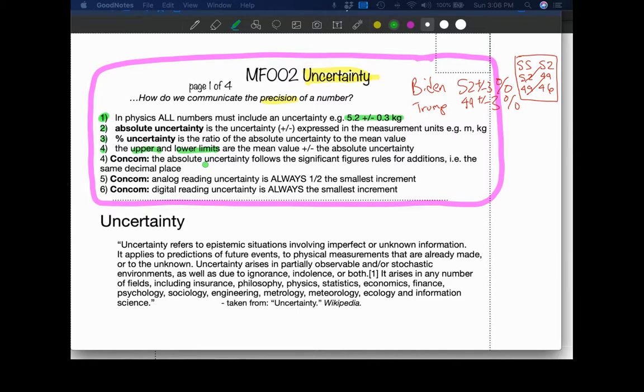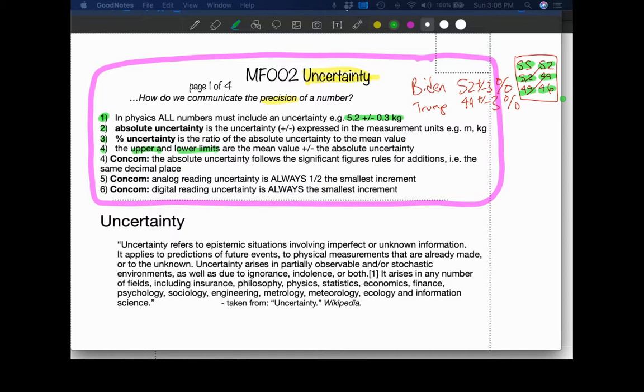If we take Biden, we would say it's 52 with the upper limit at 55 and the lower limit at 49. That's all we're expressing there. Where the president is at 49 plus or minus 3 means an upper limit of 52 and a lower limit of 46. We want to be thinking about how those upper and lower limits relate to each other.